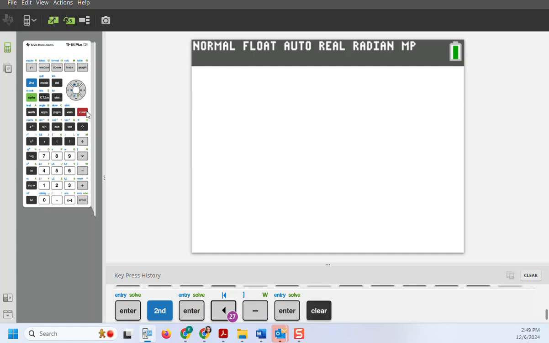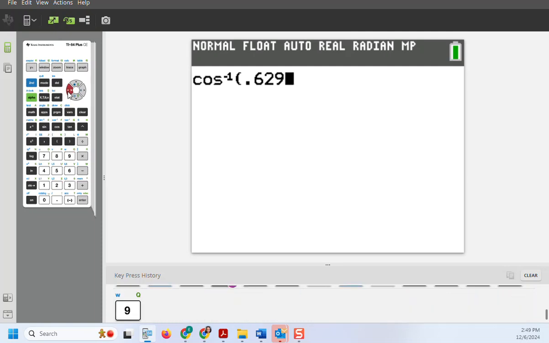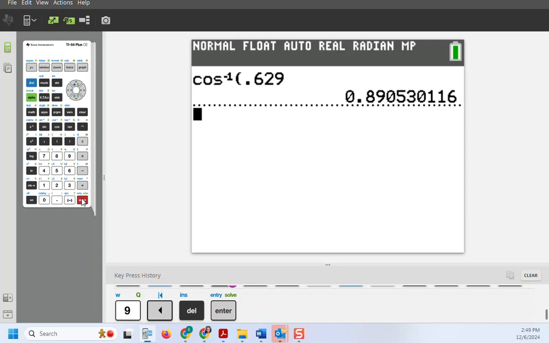So clear that out, and I'm going to do second cosine 0.629. Oops, I did too many. I think I might be in the wrong mode.